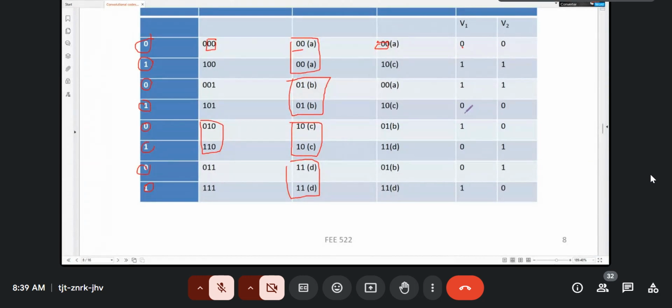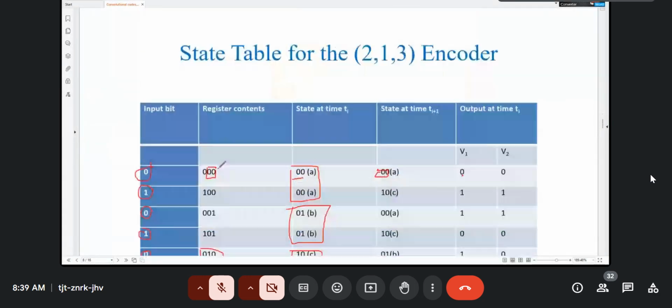Is this table clear? The input bit, states register contents, state at time ti, and state at time ti plus 1, and that's the output.